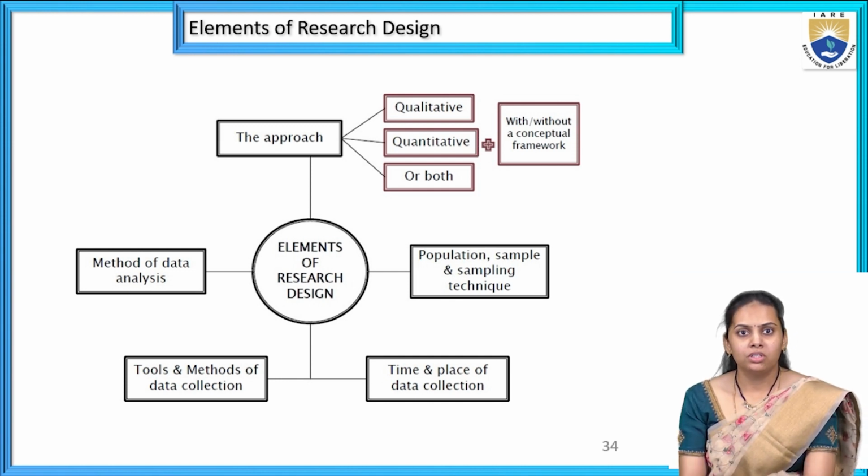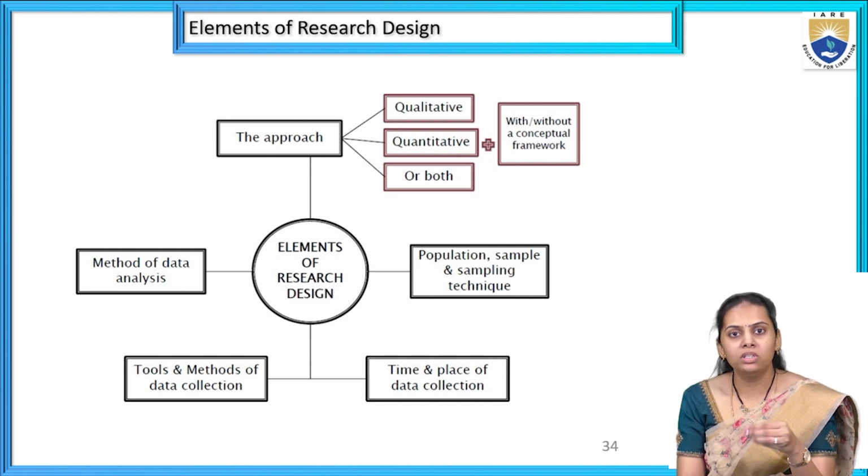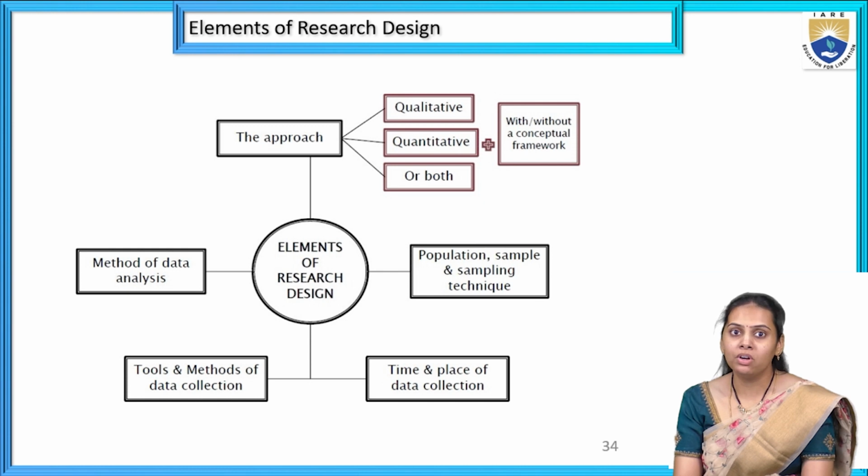The approach. The first and foremost part of doing research is approaching the content or a concept. How many types of research are there again? Qualitative research, quantitative research, analytical research, applied research, all this.